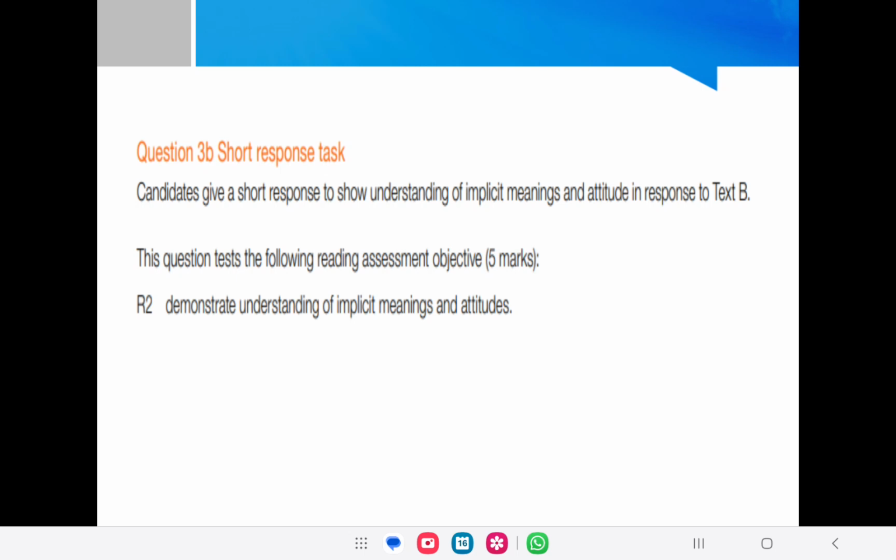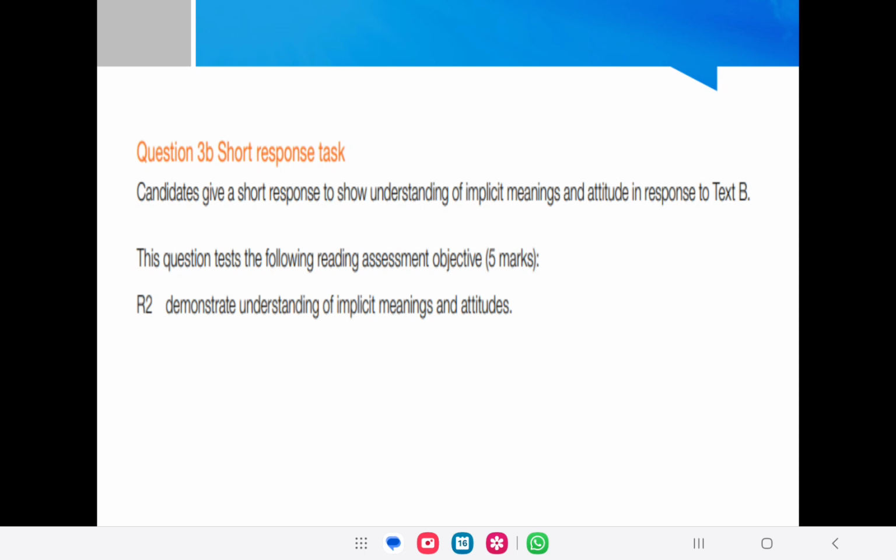Question number 1 is comprehension task, 16 marks. Question number 2 is use of language task, 9 marks. Question number 3A is summary task, 20 marks, and question number 3B is short response, 5 marks. So that was the syllabus review of P1.